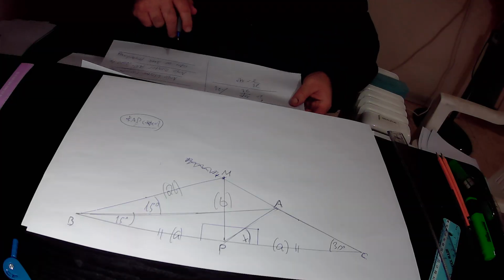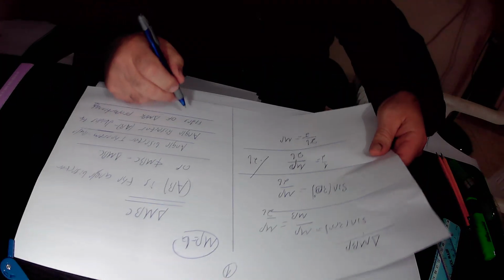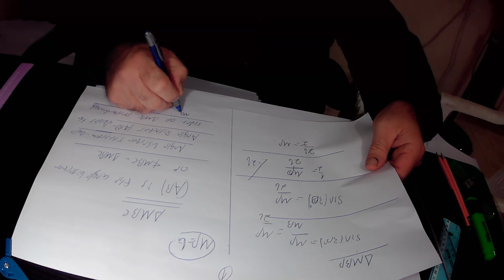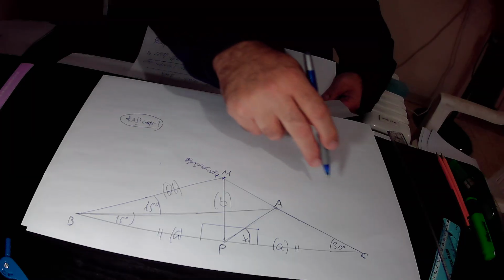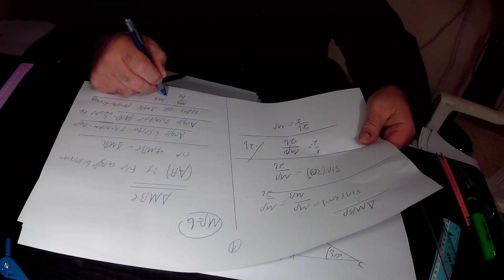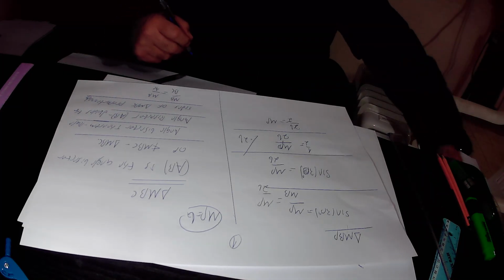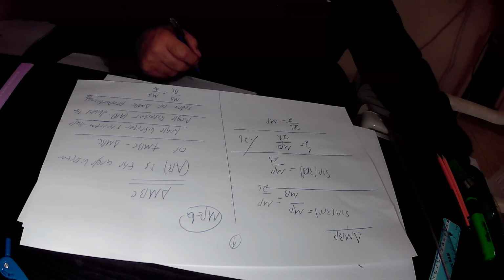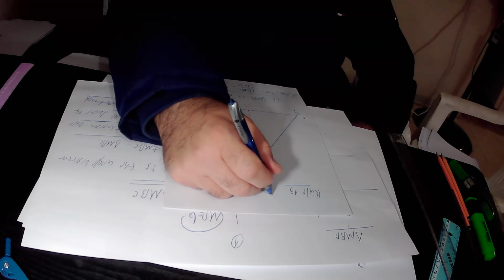That is to say, MB over BC equals MA over AC. So I paste quickly on Rule 19. That is also defined as the angle bisector theorem.